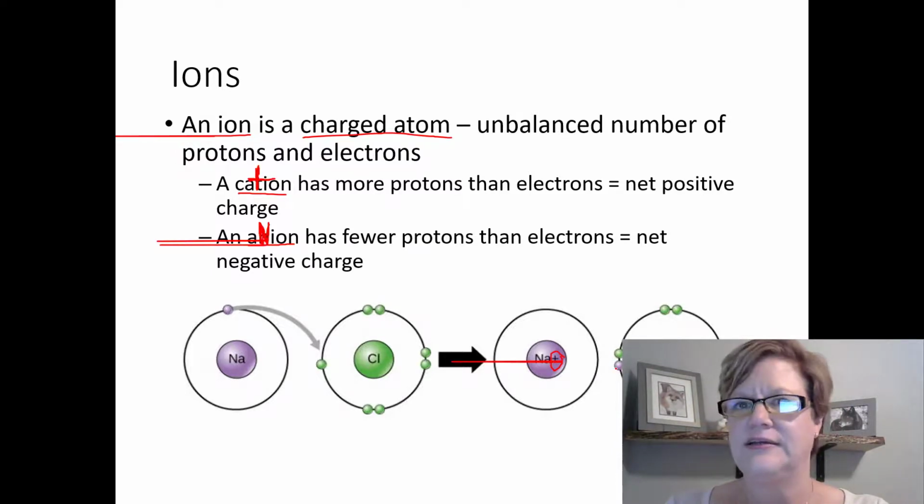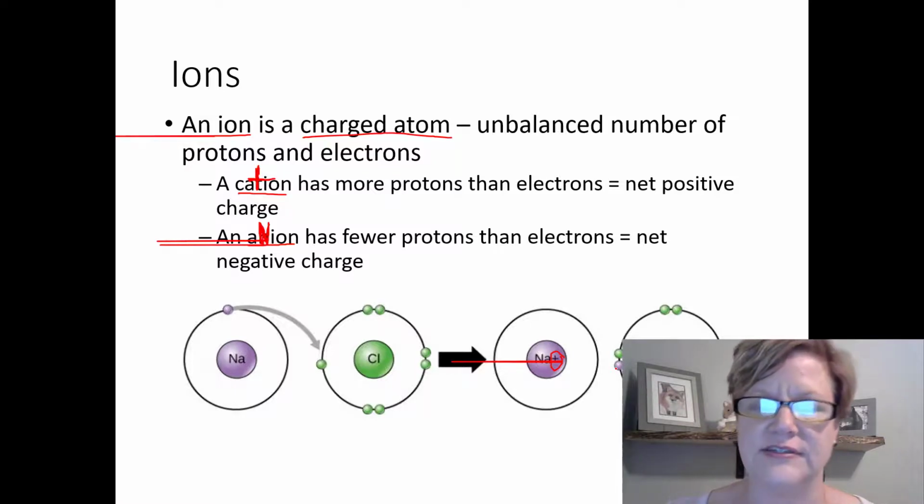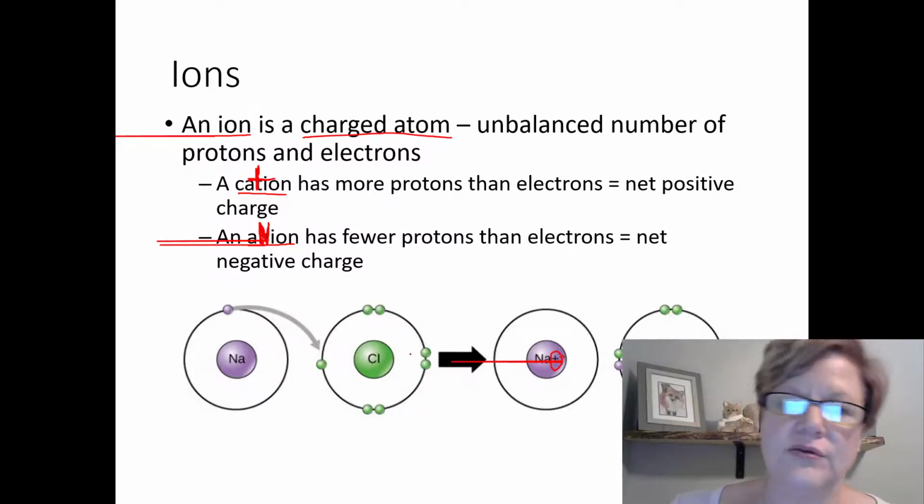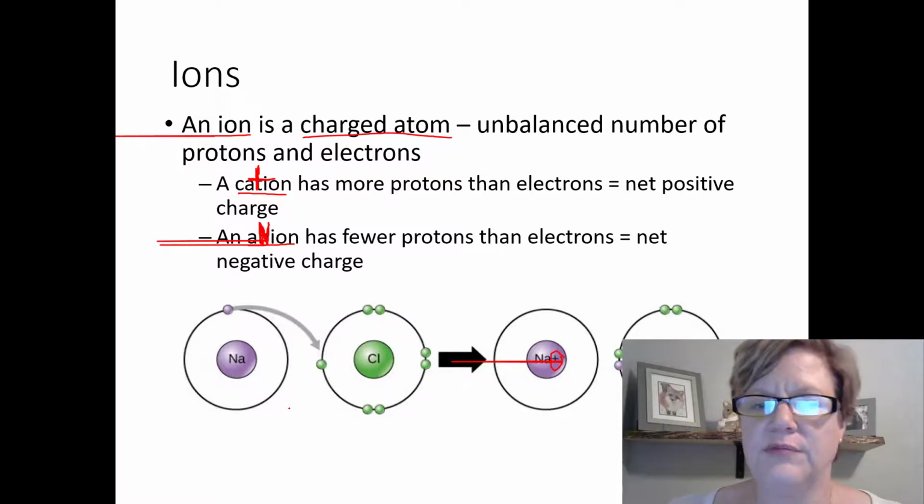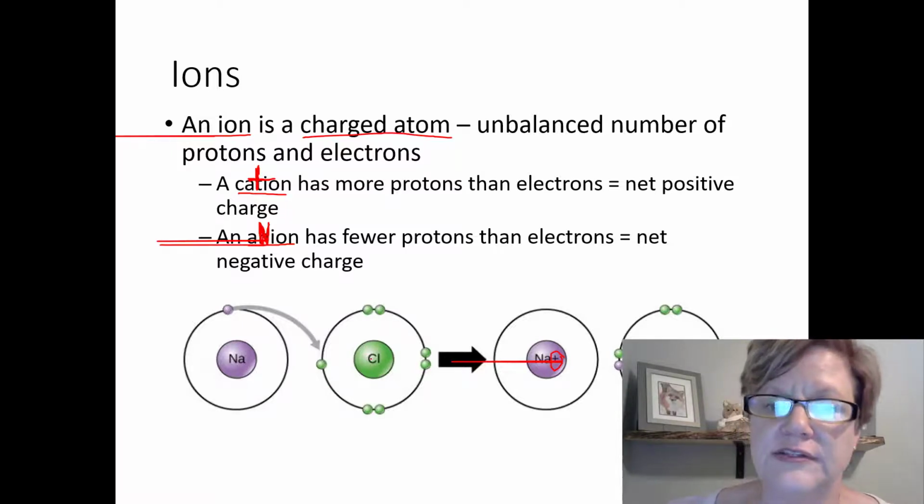It's a magnetic attraction in the literal sense, because opposites attract, right? Now, the way ions form, there can be different ways. This picture is trying to show you one way that ions might form. Because remember, chlorine wants an extra electron.